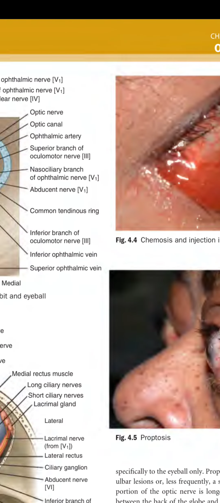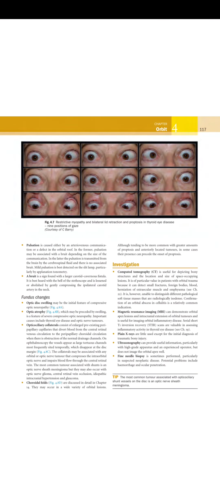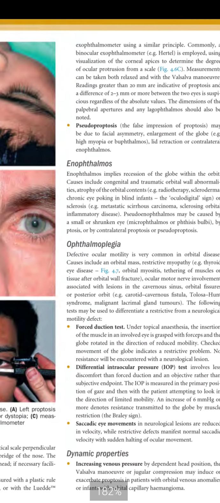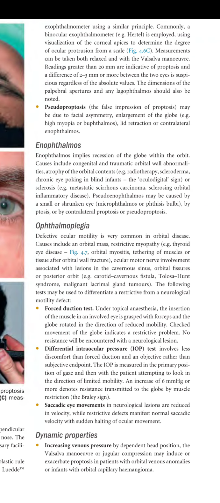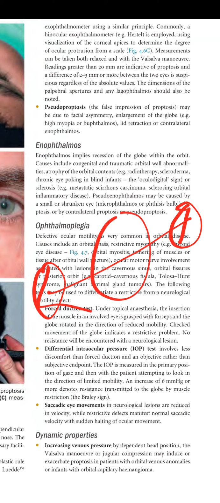So saccades are also a way to check for restriction of movement. What you do is ask the patient to look from one target to another, and in case of a neurological defect there will be no saccades or reduced saccades.